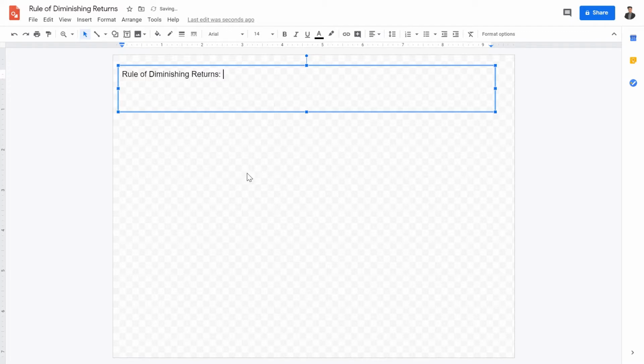In layman's terms, as extra units of a variable factor are added to a given quantity of fixed factor, the output from each additional unit of the variable factor will eventually diminish.